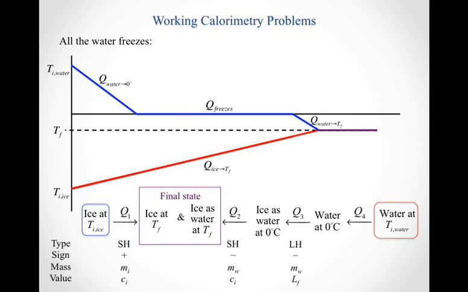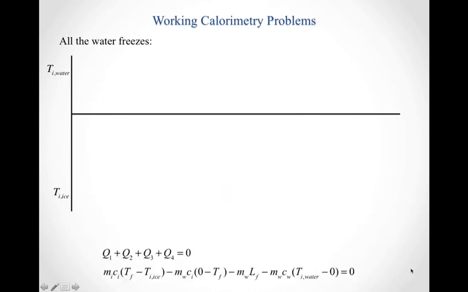Before that, it had to undergo a latent heat process where all of the water froze, and before that, it had to start with a specific heat process where it went from its initial temperature to 0 degrees Celsius. In this case, it was still water as it underwent this temperature change, so I need the specific heat of water. So there are going to be 4 steps that I need to include in my equation.